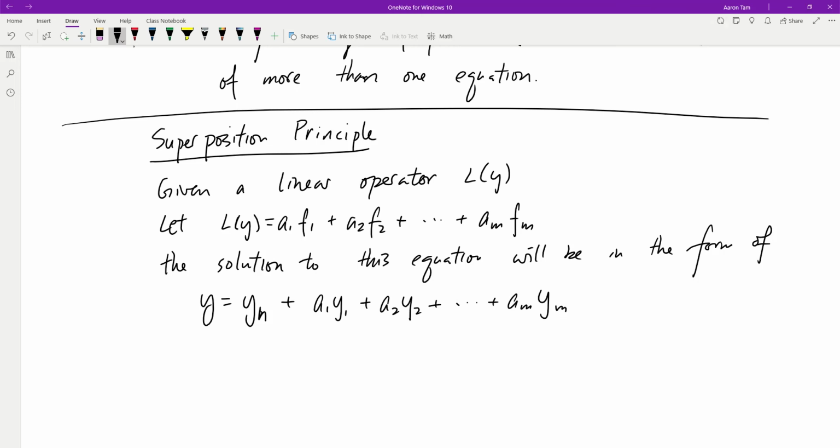So collectively, these become our y sub p, our particular solution.